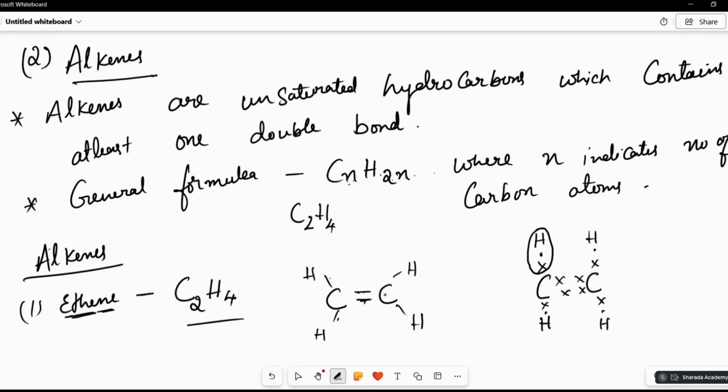Structural, from here also you can write two carbon atoms, two bonds here. Already two is over, remaining three, four like that. So count also, you will get the same thing. So two.